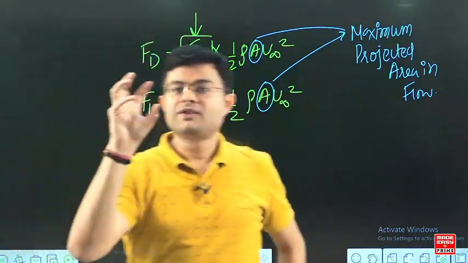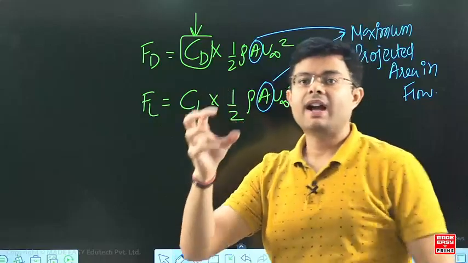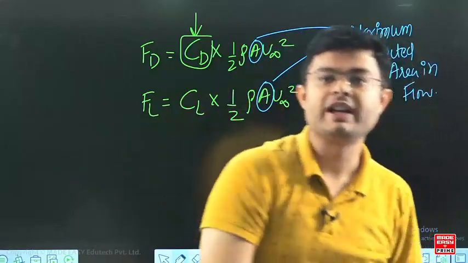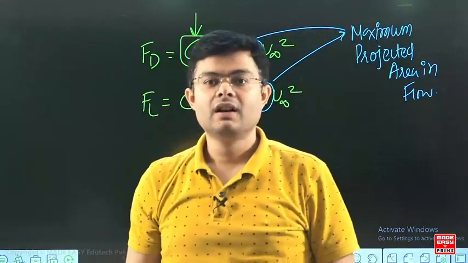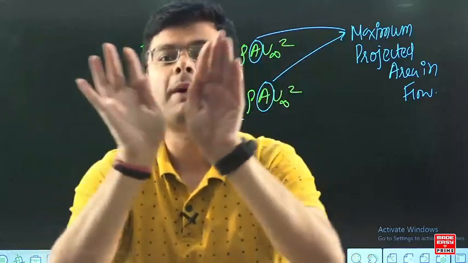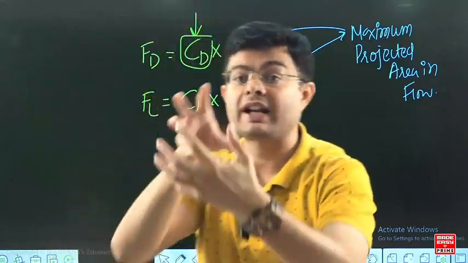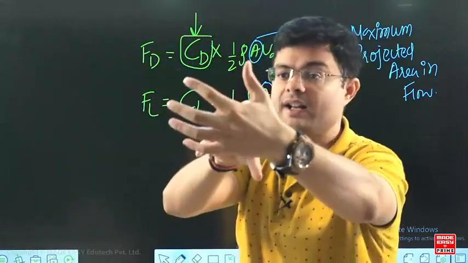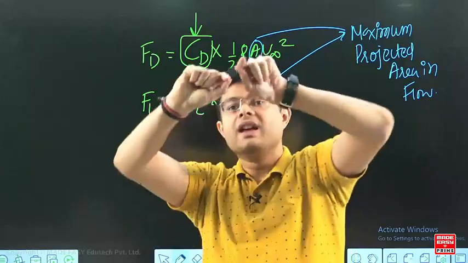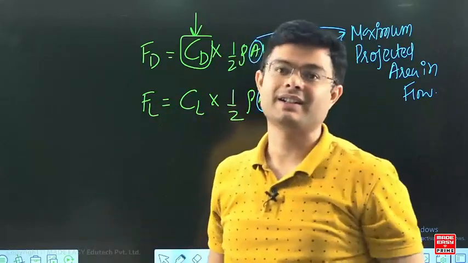For example, if a spherical ball is moving in air, you need not take 4 pi r square. For that sphere, the projection will be a circle. You have to take the area of that circle.